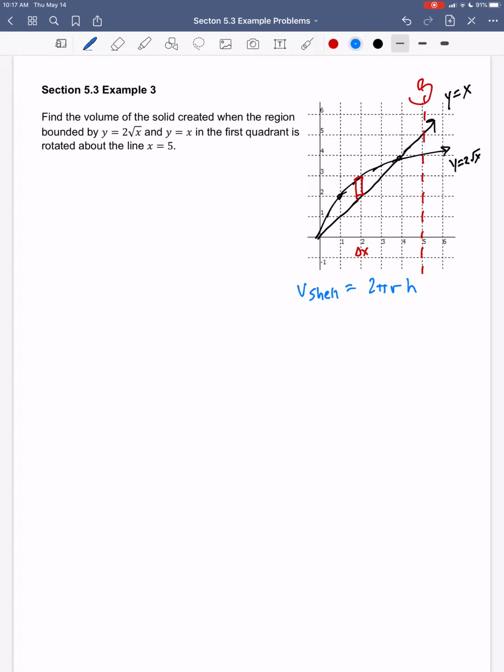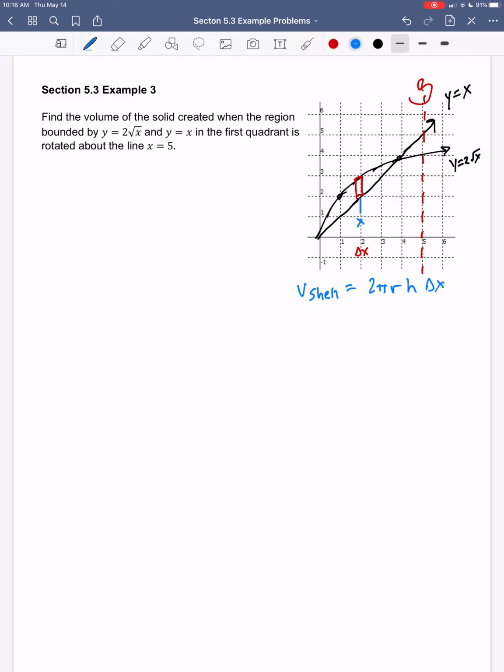That's how my rectangle here has been oriented, so that little thickness is an x thickness. To find r, this rectangle is tracked with my variable x. I'm going to let x start here at the left at x equals 0 and end up here at x equals 4. So x in the integral tracks where this rectangle is.